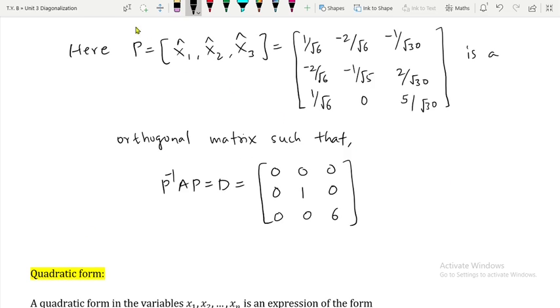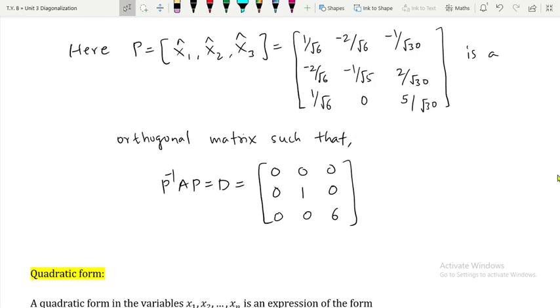So I have found an orthogonal matrix P such that this is happening. Okay, so that's all then for this example. Now you can solve some more examples from our practical. Okay, and the idea is similar.